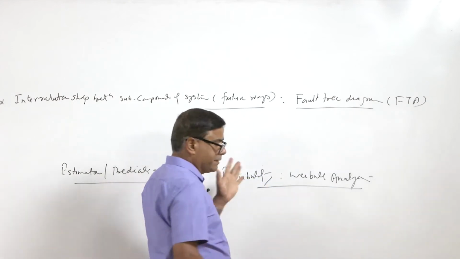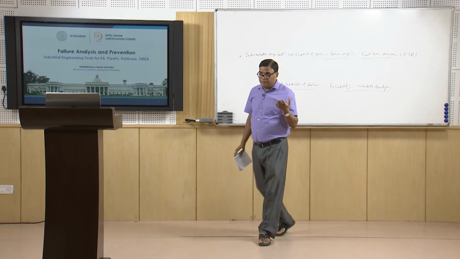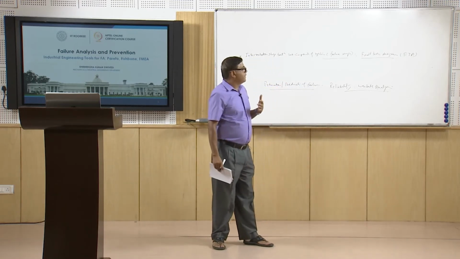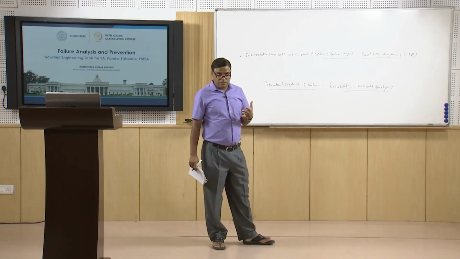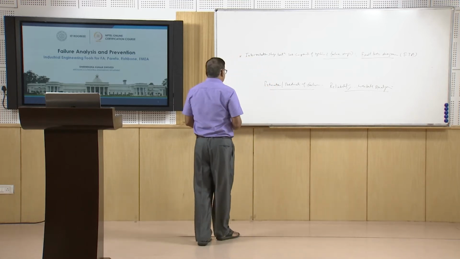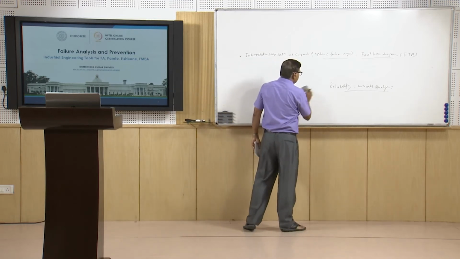Various aspects related with the reliability, and what can be done in order to improve the reliability of the product, so that the failure tendency is reduced. Based on the failure history of the product, we can also estimate or predict when the failure will have tendency to occur.